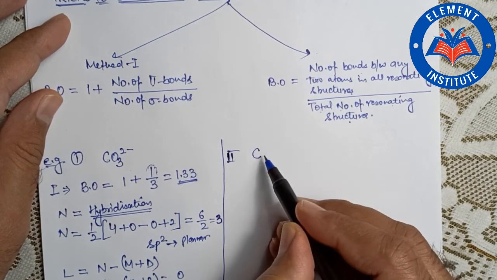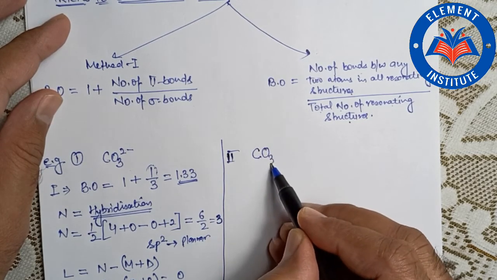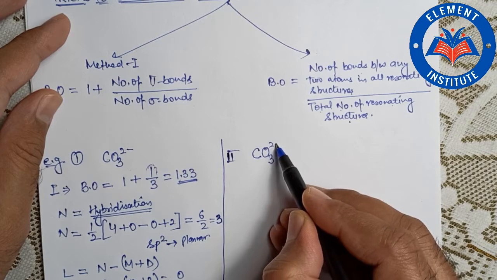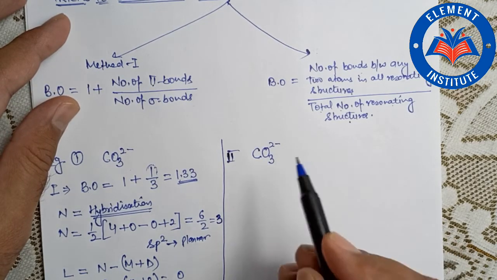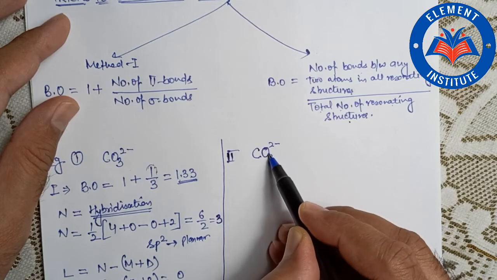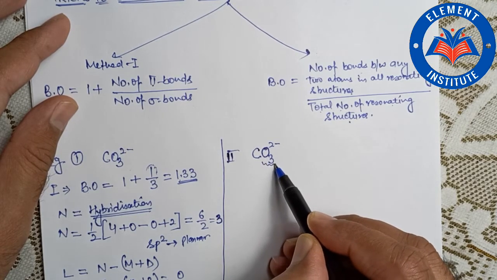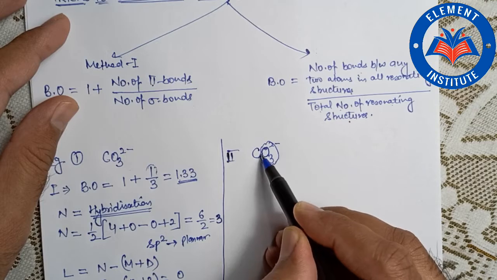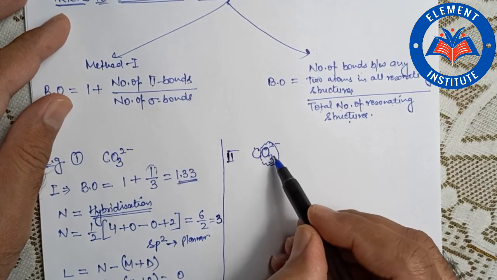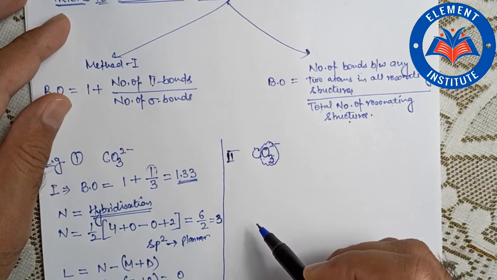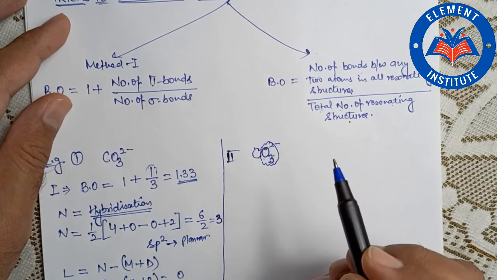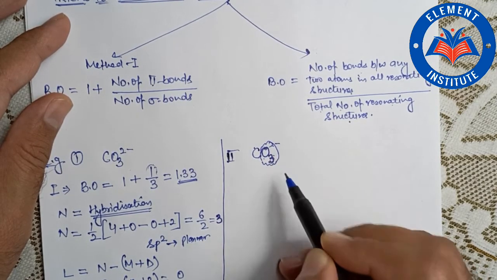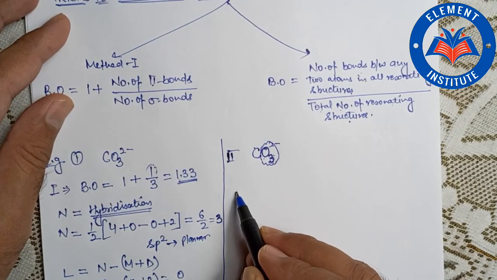Look at the central atom and the atoms which are directly attached to it; that is the number of resonating structures. So there are 3 resonating structures.